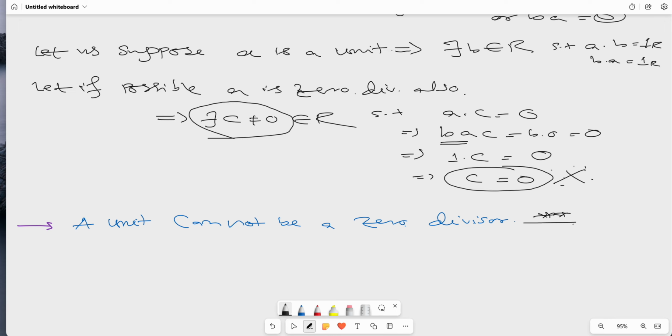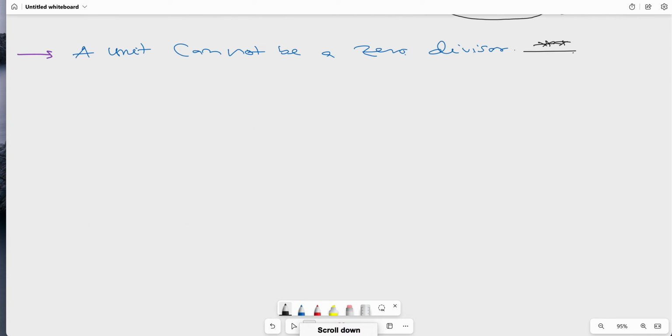Also I am proving a statement here. So what does this statement actually say? That if you are in a finite commutative ring with unity, then every non-zero element is either a unit or a zero divisor.